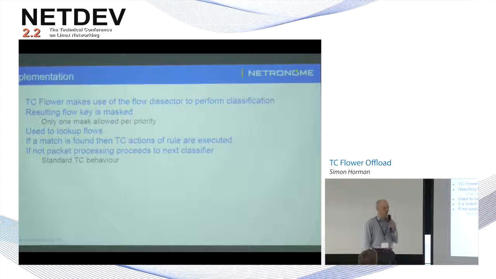The way the flow dissector works in general is you describe which parts of the packet you're interested in. I can't remember the exact details off the top of my head, but for example, you might say I want to dissect IP addresses, but I'm not interested at all in UDP ports, layer 4 ports, so you would set up the description to say, please do IP, but don't do layer 4.